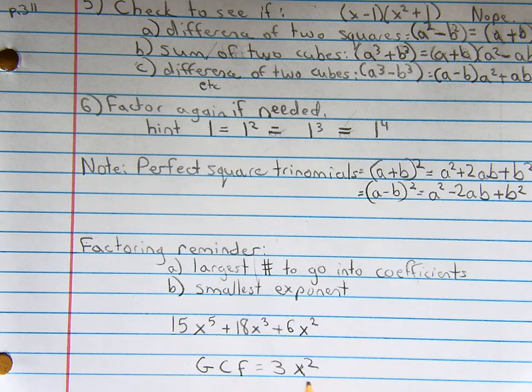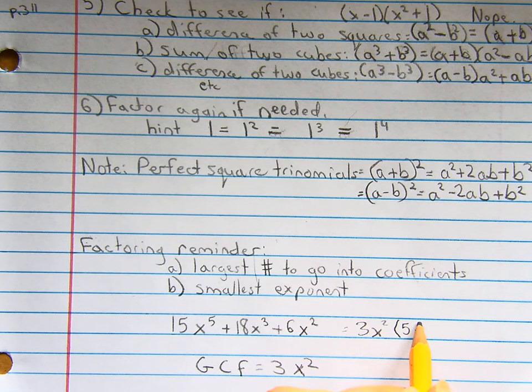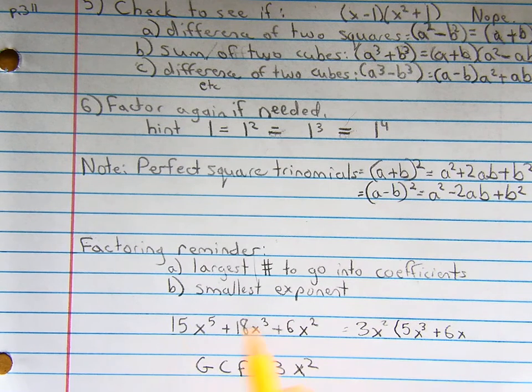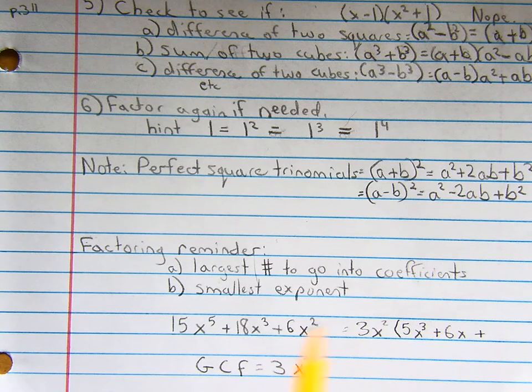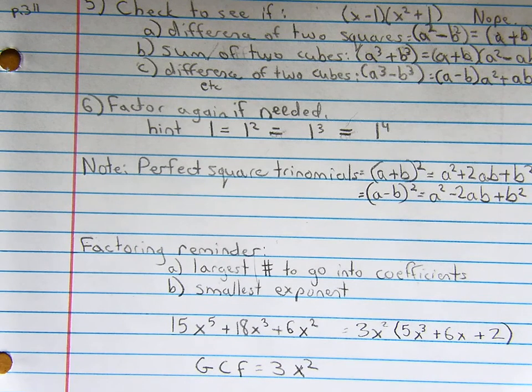Okay? So just a little reminder, and if you wanted to, you could actually apply it. If you wanted to truly simplify it, you'd get 3x squared times 5x to the third plus 6x plus 2. All right, I hope this helped.